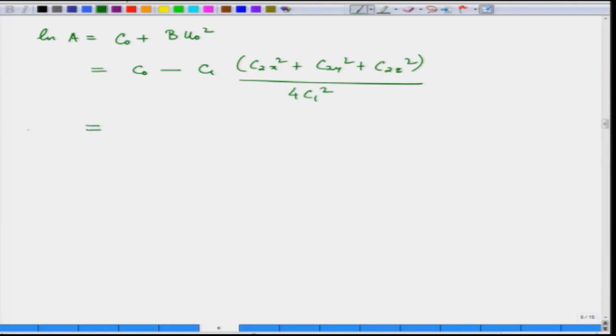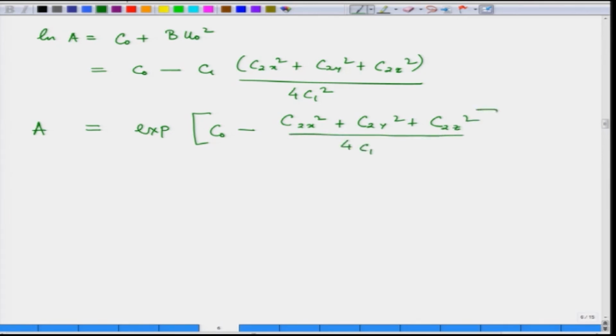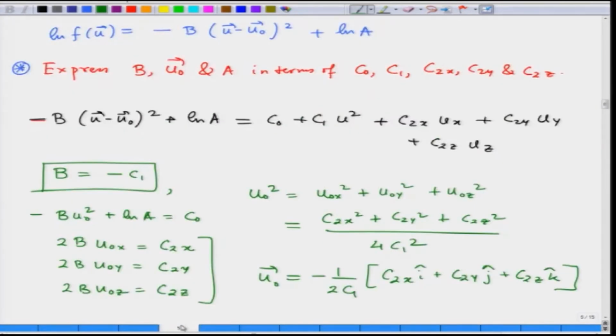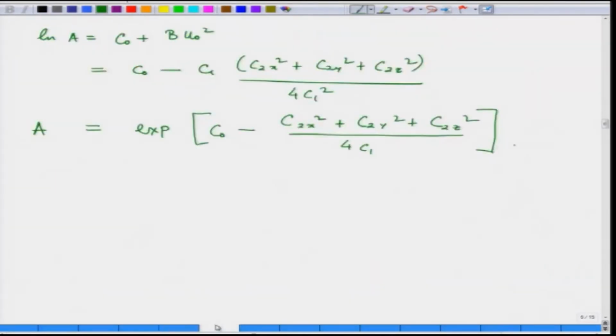So, that will be giving A is equal to exponential of C0 minus C2x square plus C2y square plus C2z square by 4 C1. Okay. So, finally, we could express all the constants b, A and u0 in terms of the C's.